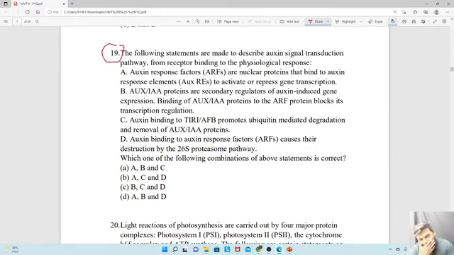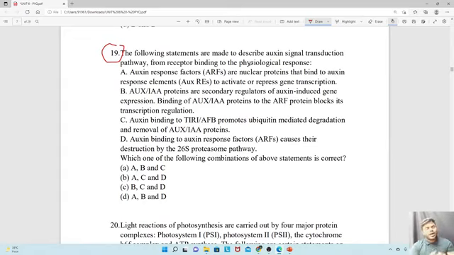Question number 19. Think and answer. It's a very big question and a very important question. Come on, be patient, friends. You have to choose the right statements.